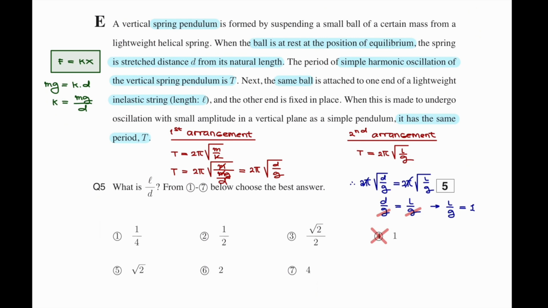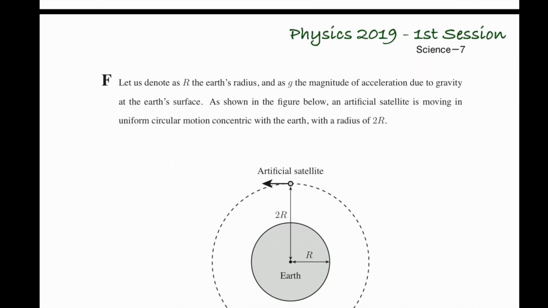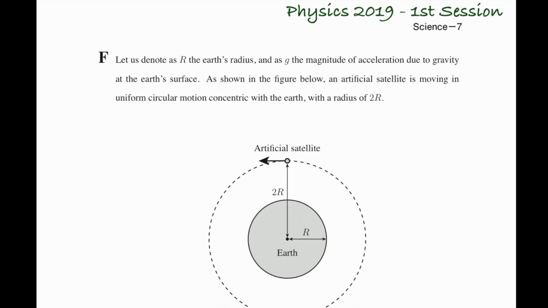Let's proceed to the last question in this video, which is question number 6. Let us denote as R the radius of the Earth, and g the magnitude of acceleration due to gravity at the Earth's surface.